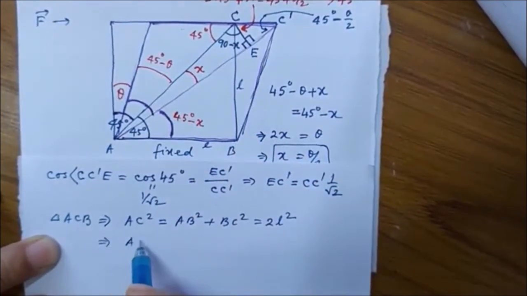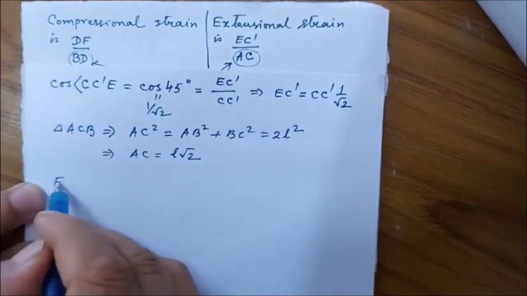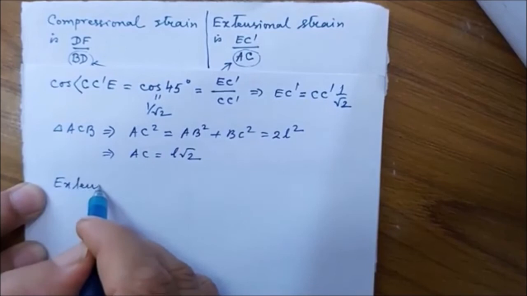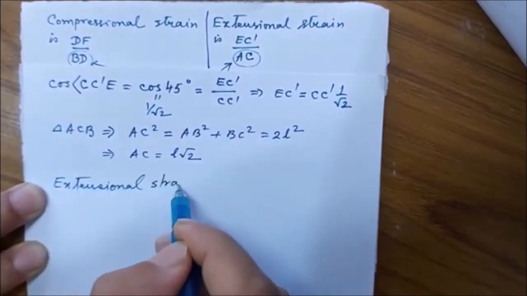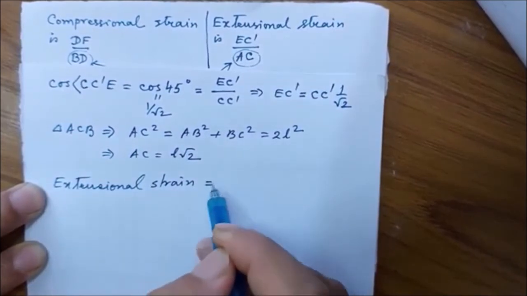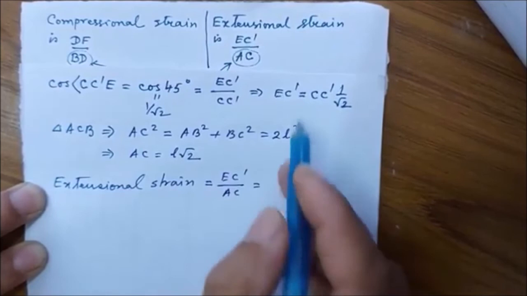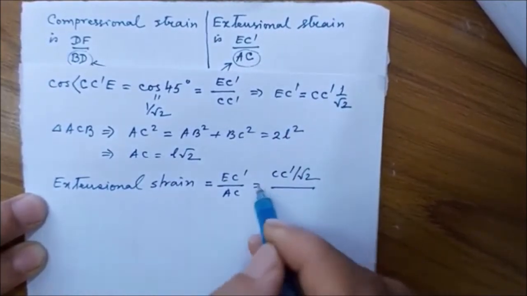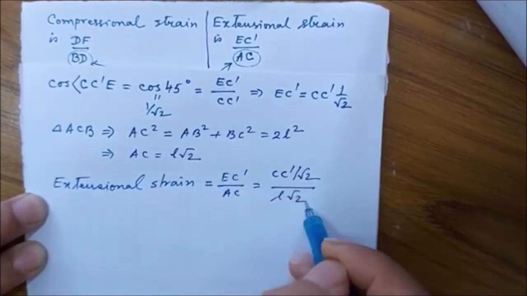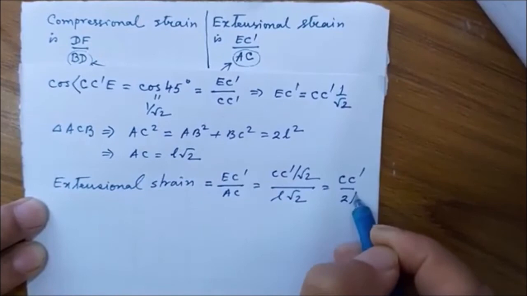So AC is equal to L root 2. The extensional strain is therefore EC prime by AC, and EC prime is CC prime by under root 2, while AC is L root 2, and therefore it turns out to be CC prime by twice L.